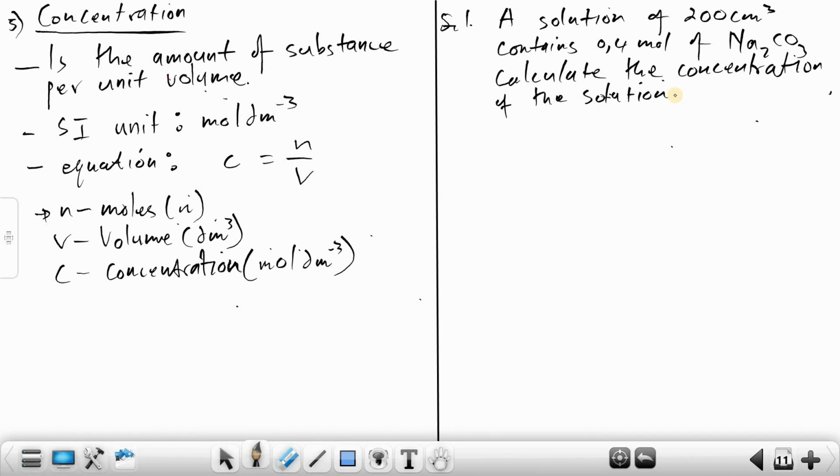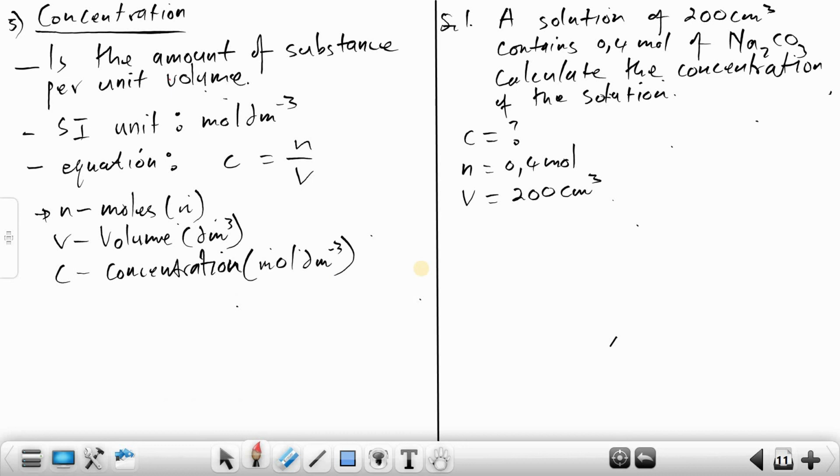Let's write down the information that is given, the data thereof. They want me to calculate concentration, but I am given N, which is just 0.4 mole. I am also given V, which is 200 centimeter cubed.